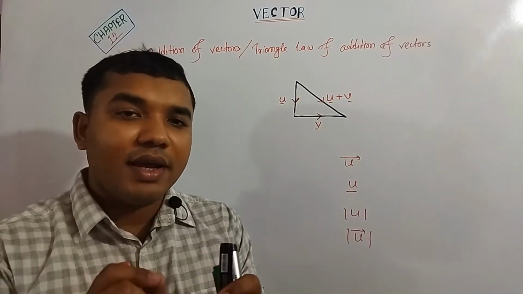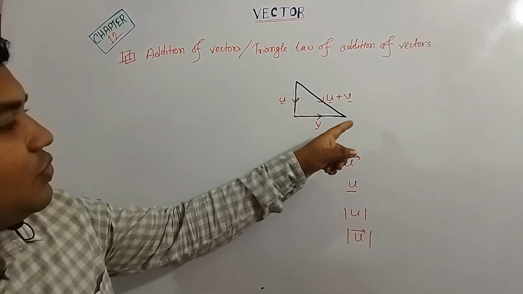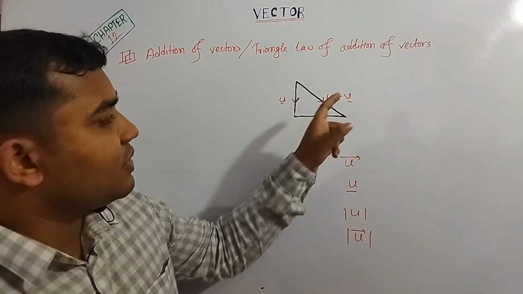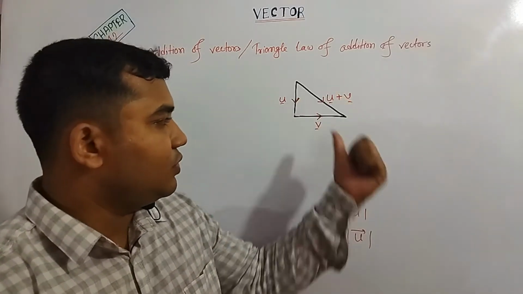And in our triangle law we say the same thing. If the flow of two vectors has been restricted by one vector, then this vector should be the addition of those two vectors.